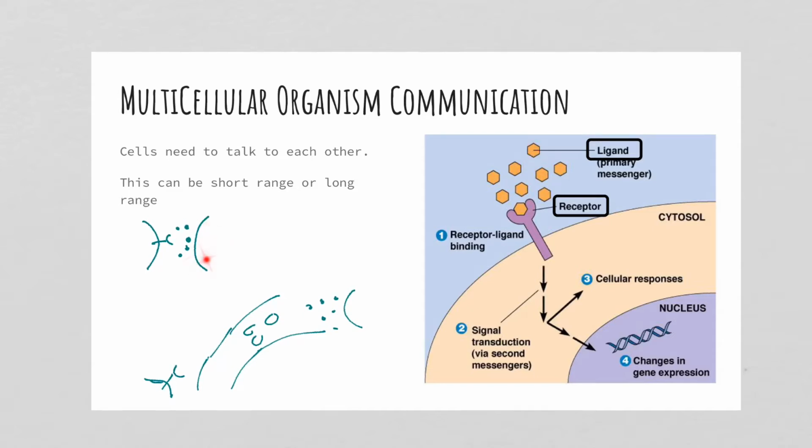So this cell is sending out a message, shown there, that's your ligand. This cell is sending out its message, and again, that is the ligand. When the ligand binds, we can get more messages communicating inside, but really, for any message to occur, we need that primary messenger, which is the ligand, that has to bind to the receptor.